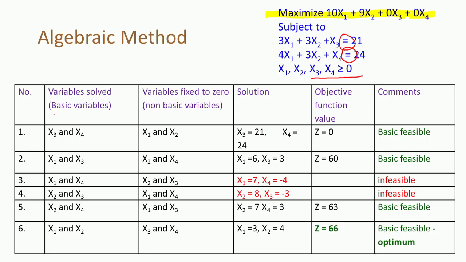So at any point we are going to solve for 2 variables by fixing 2 other variables to 0. Those variables that we are going to solve are called basic variables, and those variables that we are going to fix to 0, we are not going to solve for these, they are called non-basic variables.